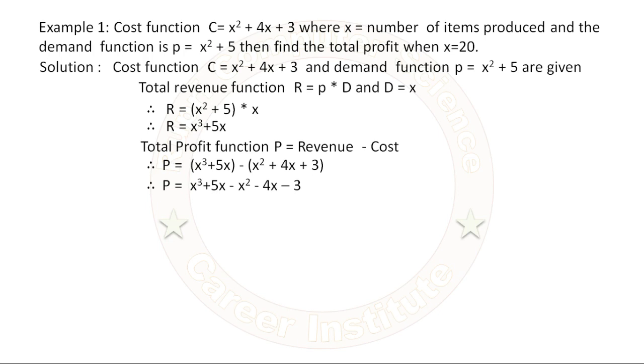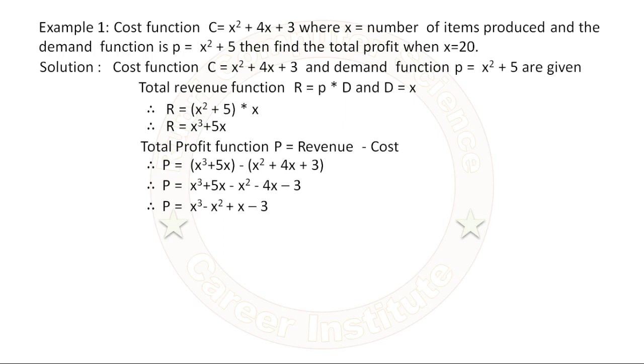The rest of the terms stay as they are, that is x raised to 3 minus x square and minus 3. Therefore, P is equal to x raised to 3 minus x square plus x minus 3. This is our total profit function.